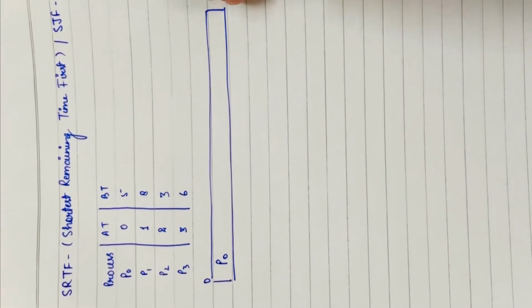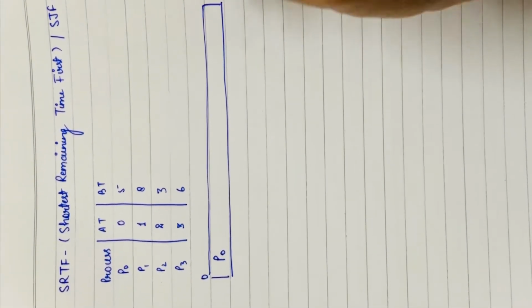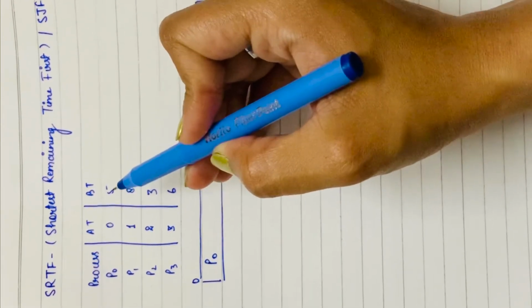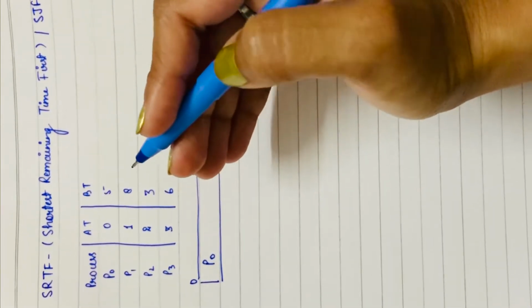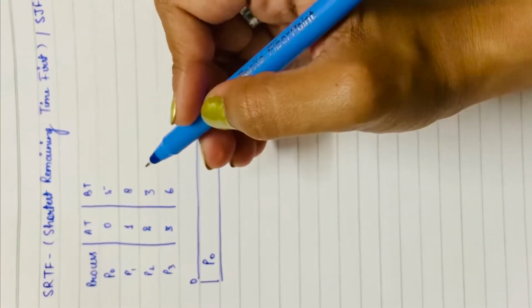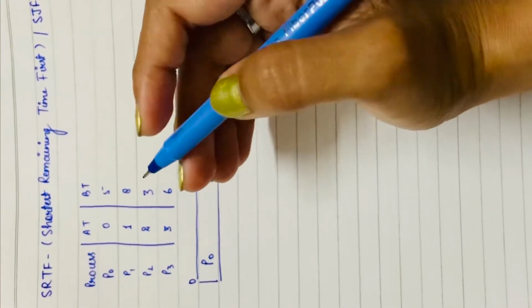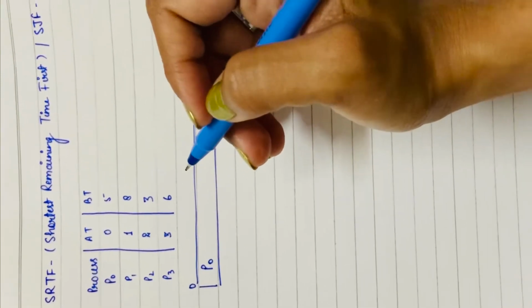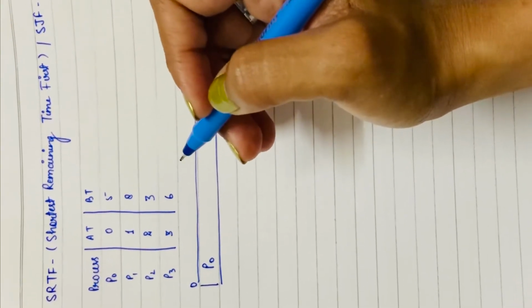While solving the preemptive version of any algorithm, you have to keep in mind that you execute processes one unit at a time. You execute for one unit of time first, then you check the arrival time of the next process, compare the burst times, and execute the process which has the smaller burst time.